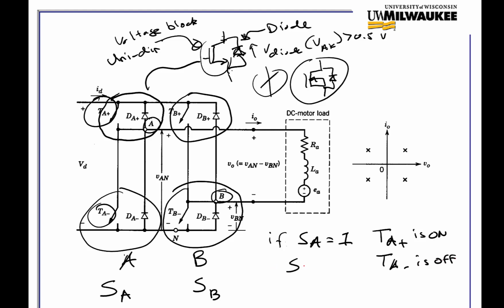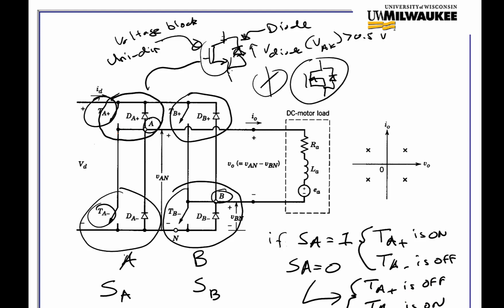Or the other way: if SA is equal to 0, then TA plus is off and TA minus is on.